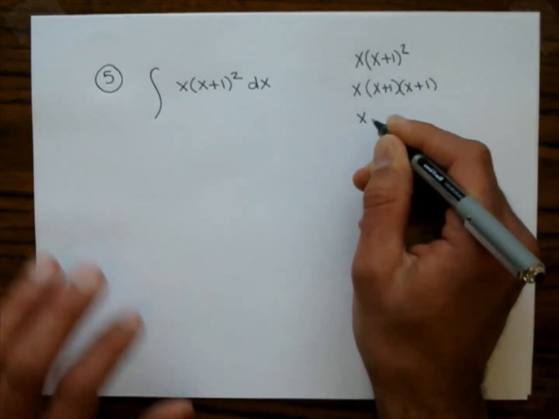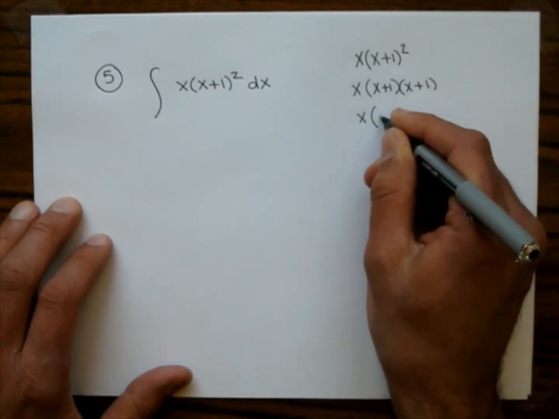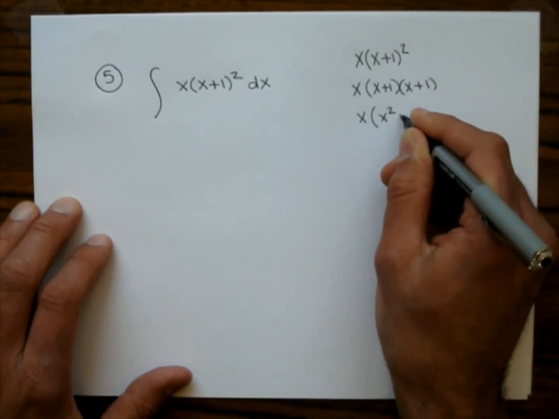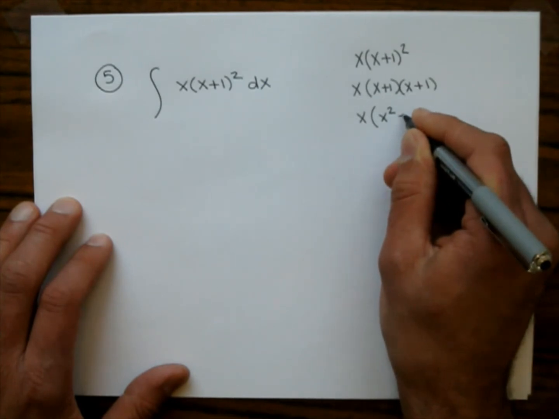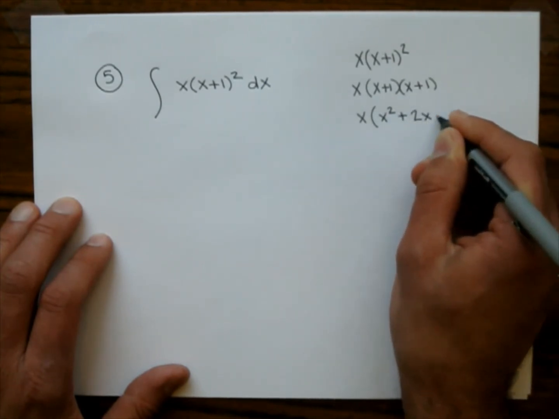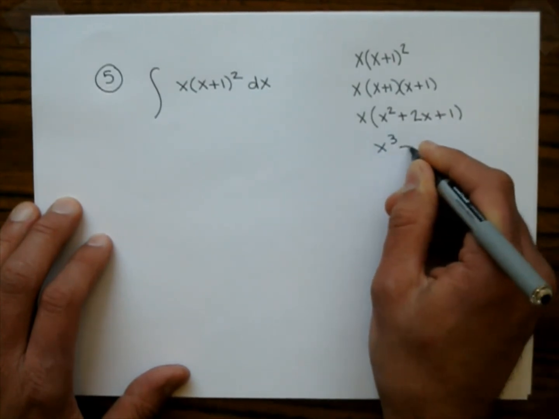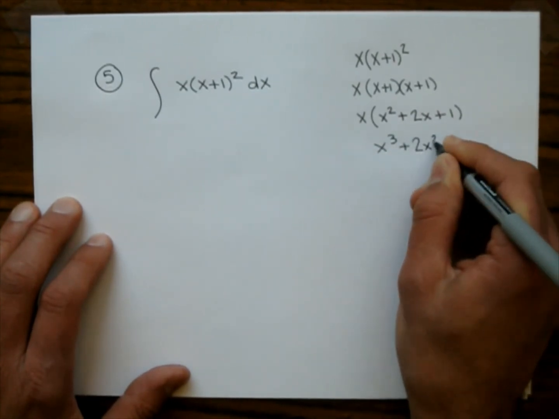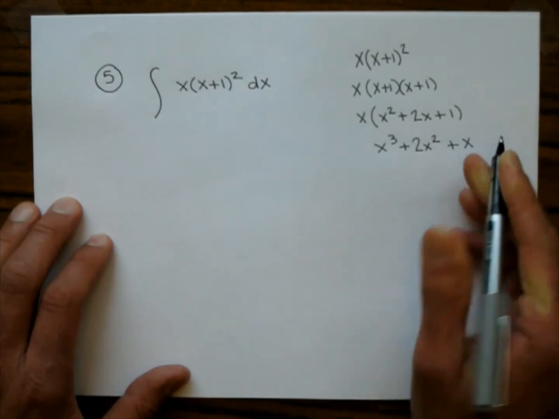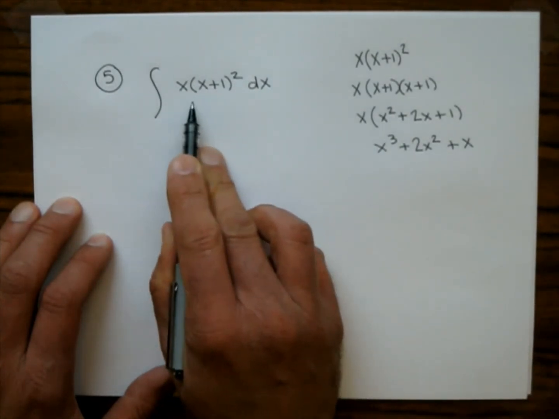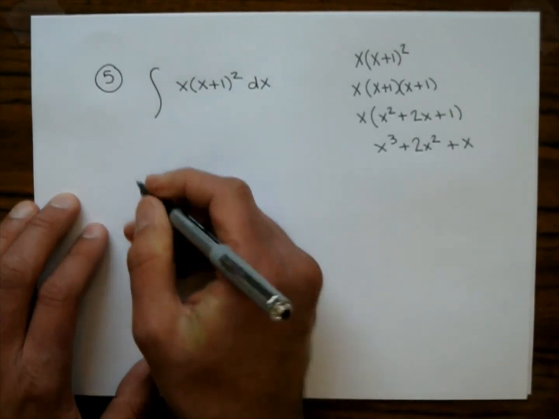And we FOIL. First, outside, inside, last. So I have x squared plus 2x plus 1, which gives me x cubed plus 2x squared plus x. So that is what this integrand equals.